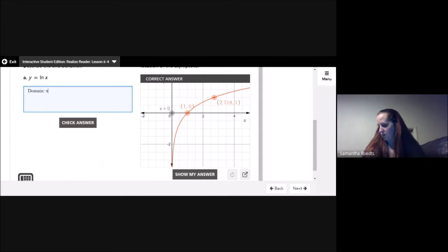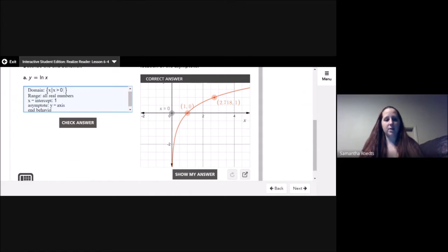So my domain, remember your domain is your x values. So x, where x is greater than 0. Okay. My range is all real numbers. So my y values could be anything from negative infinity all the way to positive infinity. My x-intercept is at 1. And my asymptote is the y-axis.